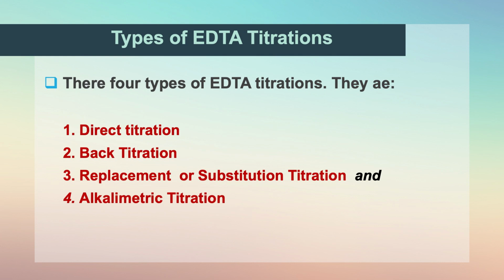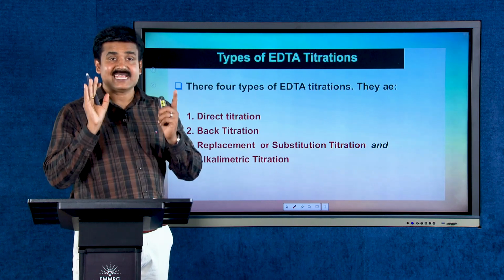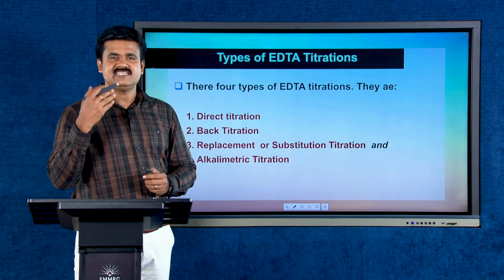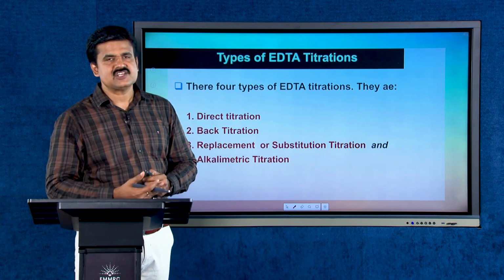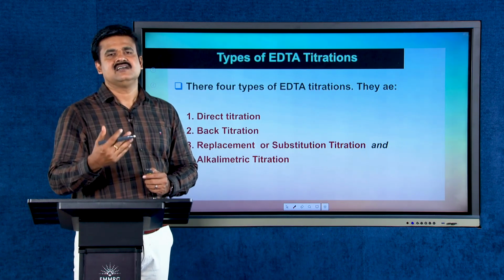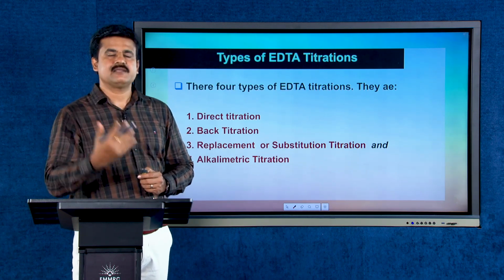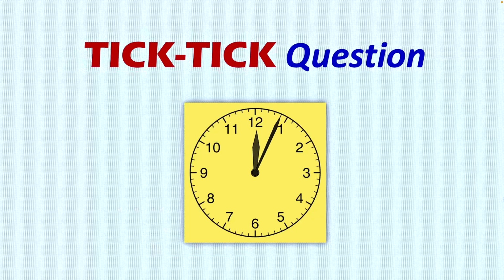And the last category is alkalimetric titration. Remember, these are four important categories of EDTA titrations. So, EDTA is a very important reagent in complexometric titration, and with EDTA, you can have four different types of titrations. These four titrations are shown here.